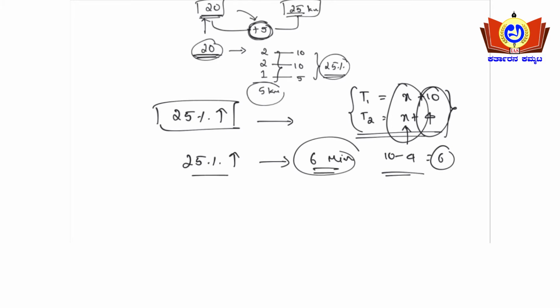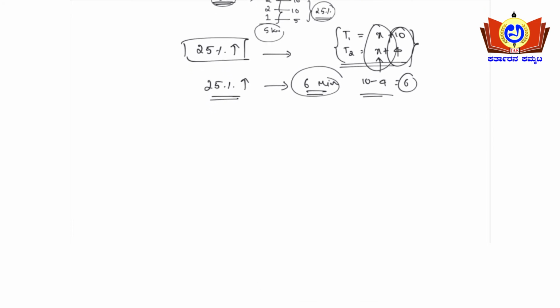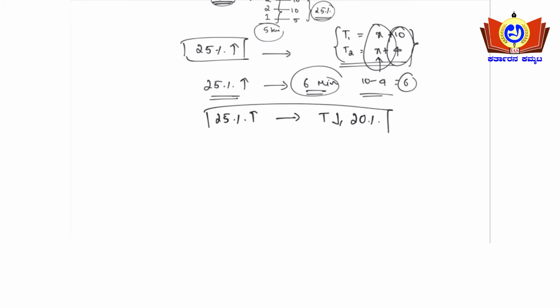This ratio you need to know very clearly. Okay, this 6 minutes, when we convert it into a percentage, this will be told as: for a 25% increase in speed there's a reduction in time of 20%. Okay, for 25% if the speed has been increased, the time has been decreased by 20%.